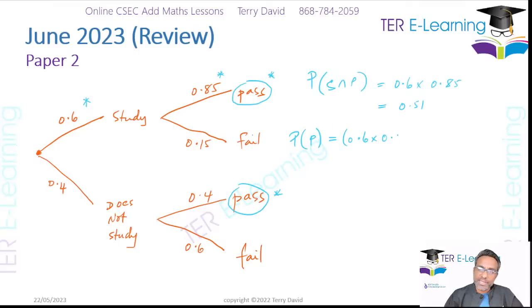He could study and he could pass. Or we have an alternative as well. He could not study, which is 0.4 multiplied by another 0.4. Those are the two options where he can pass. So that's going to be 0.51 plus 0.4 by 0.4, and you're going to get 0.67.